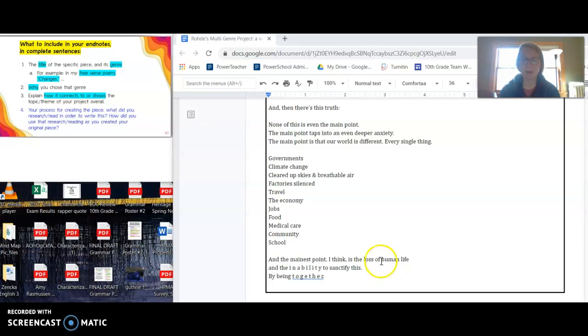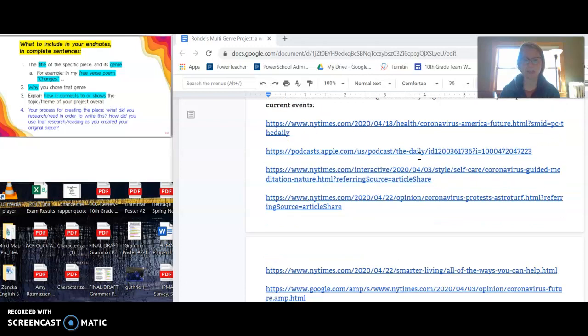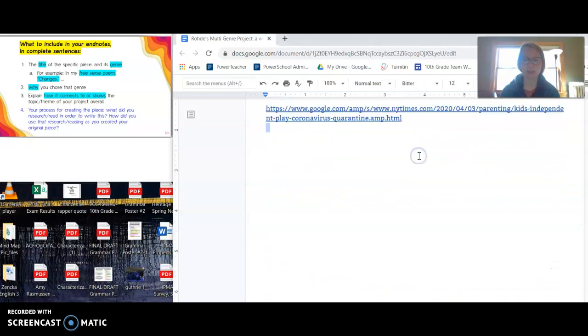Okay, so that's my piece, and I'm trying to connect this to hope and grief in a time of all things changing. Let's go to the very end, and I'm going to add a box.